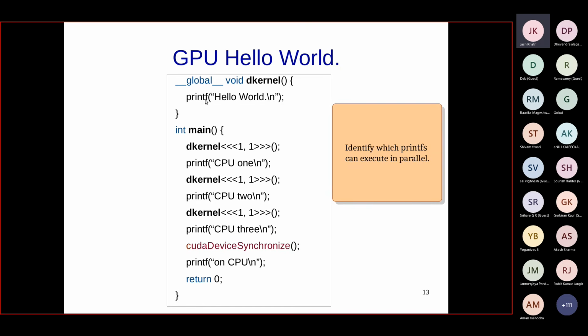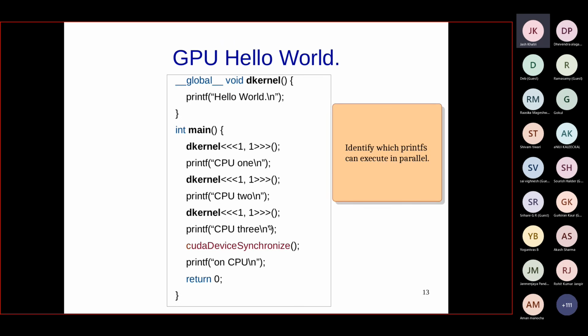The answer is the 3 hello worlds which will be printed by the GPU can execute in parallel with CPU1, CPU2, CPU3, which are printed by the CPU. So you can expect to see any interleaving of these 3 hello worlds and CPU1, CPU2, CPU3.